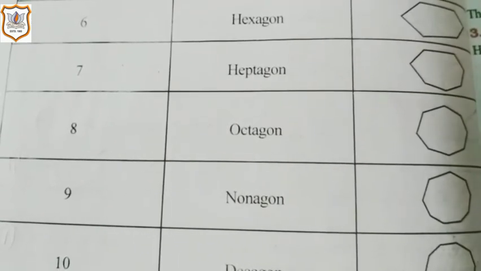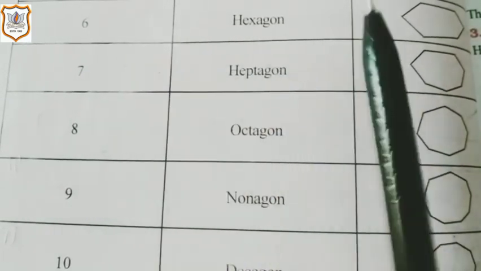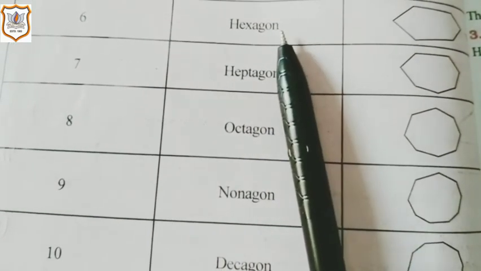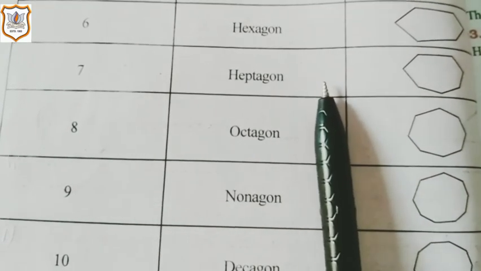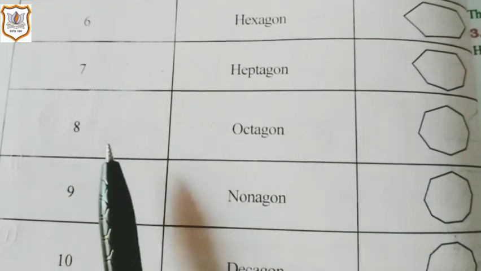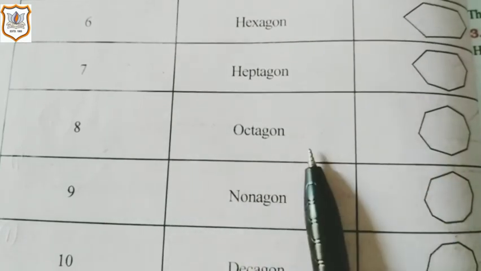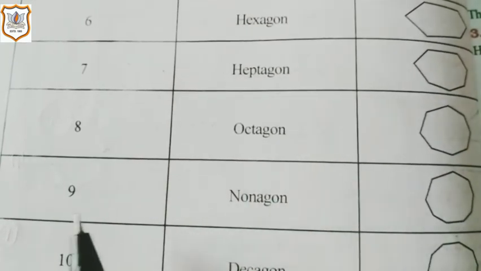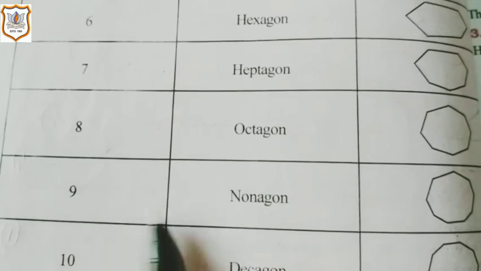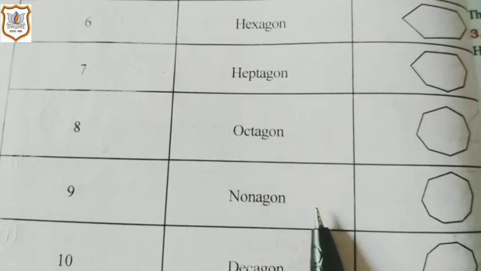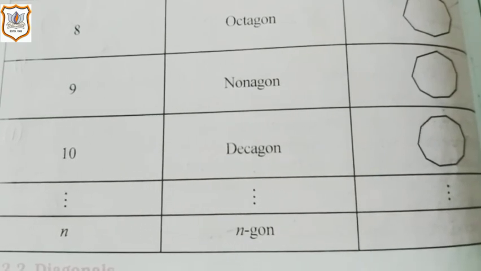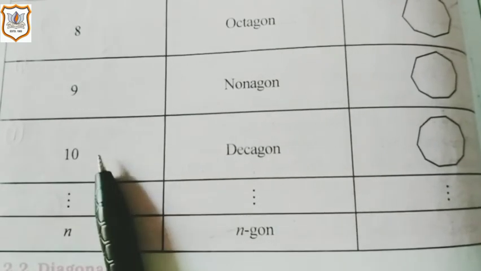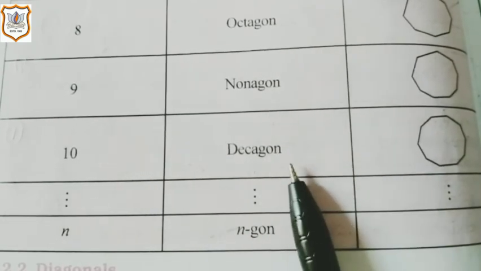If the number of sides is 6, then it is a hexagon. Number of sides is 7, then it is a heptagon. Number of sides is 8, then it is an octagon. Number of sides is 9, so this is a nonagon. If the number of sides is 10, so it is a decagon.